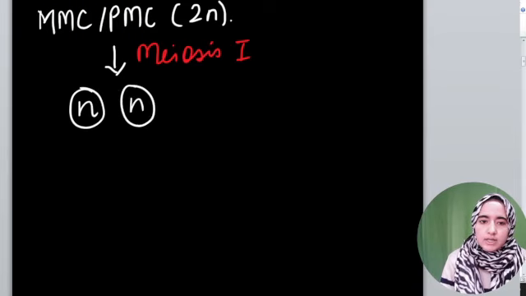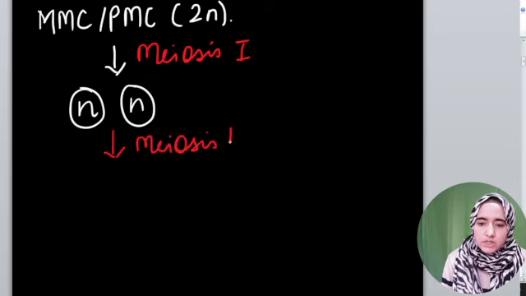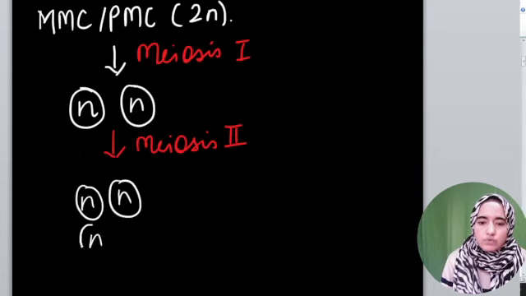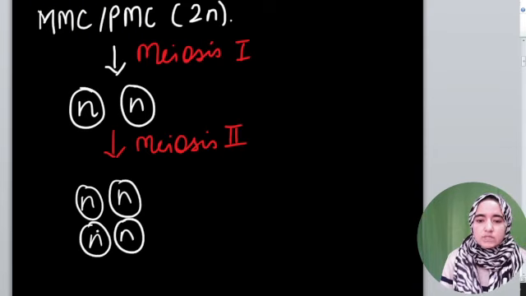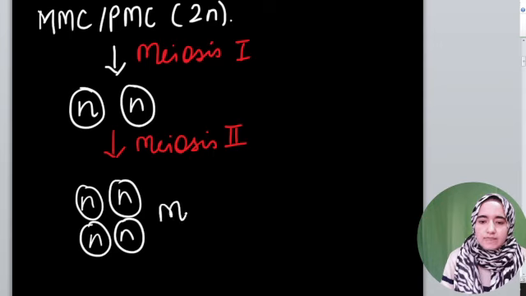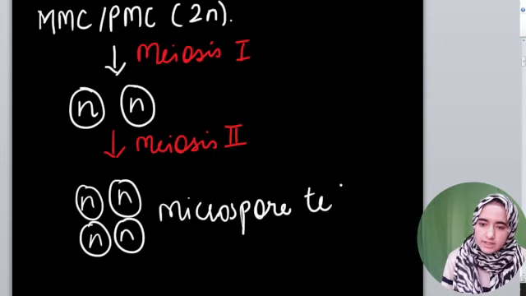I have already explained how this happens; if you haven't watched that video, go and watch it first. I'm just giving you a rough idea here. Then meiosis 2 will occur and give us 4n, and these are connected to each other through a connective tissue, and that's why it's known as a microspore tetrad.